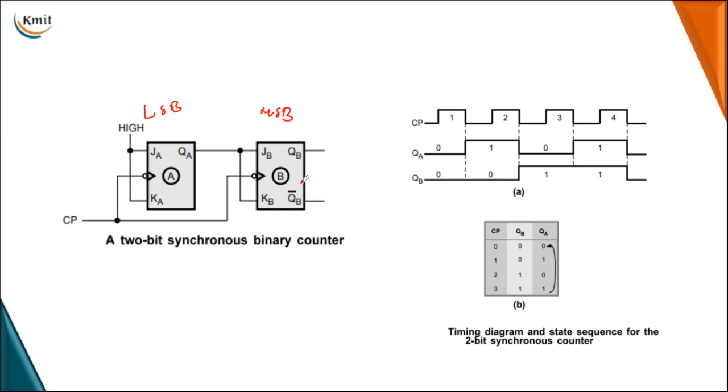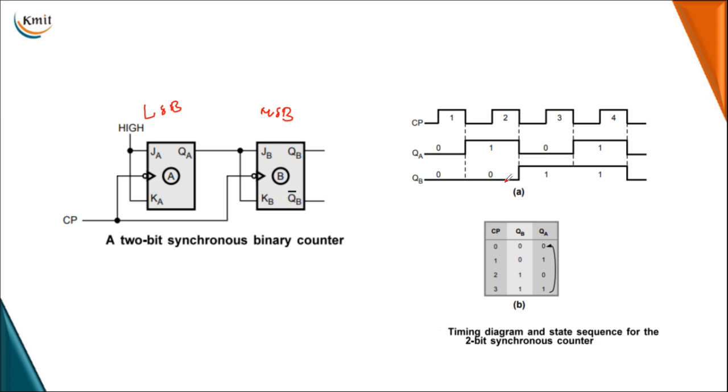Now the outputs of the first flip-flop are connected as inputs to the second flip-flop. For the first clock edge, the previous state of QA is 0, hence JB KB equal to 0, so it continues the same state as its next state. On the second clock pulse edge, the previous state of QA is logical 1, hence JB KB become logical 1.